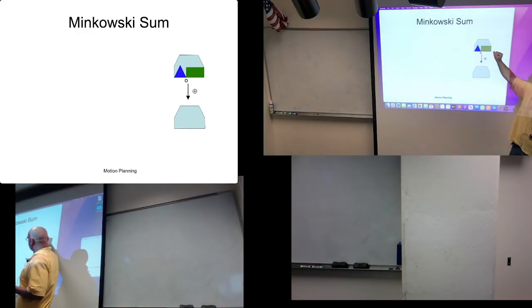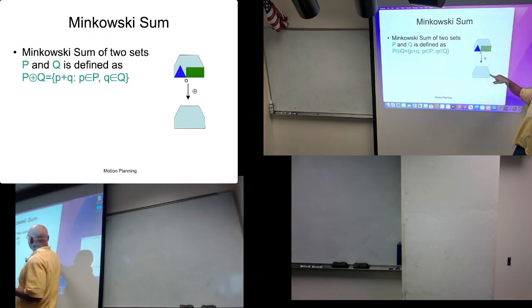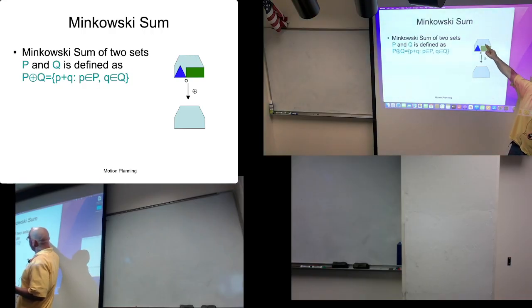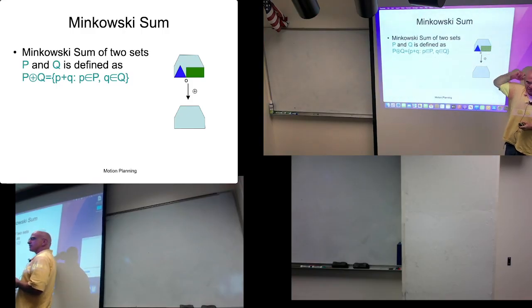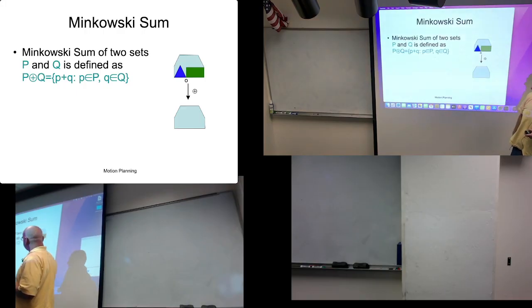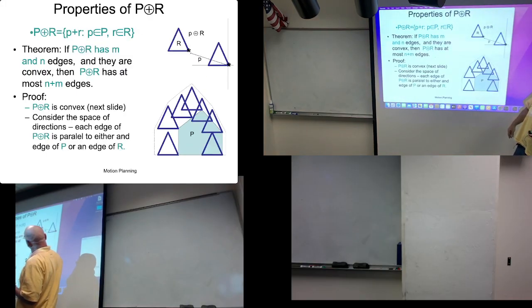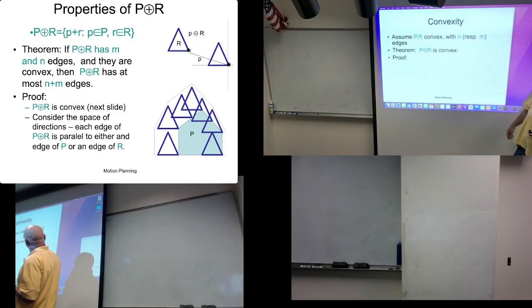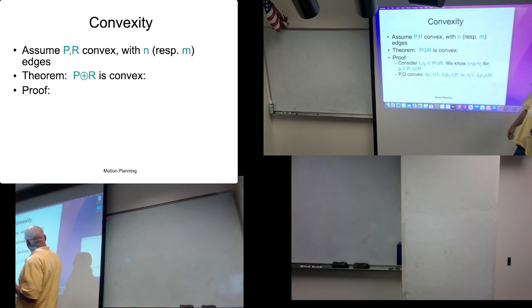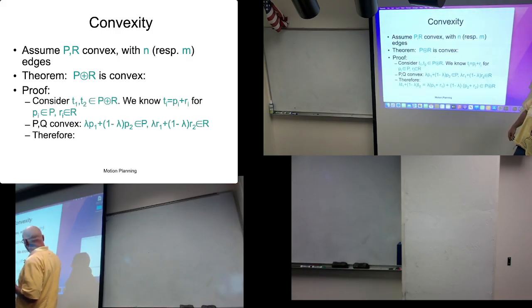The Minkowski sum of this obstacle and this robot was defined as the set of all pairs of points, one from here, one from here, like a double loop over all of them, but as we'll see, for two convex polygons, linear time is actually all we need. The Minkowski sum of two convex objects is always convex. We covered it more than once, just for convexity.